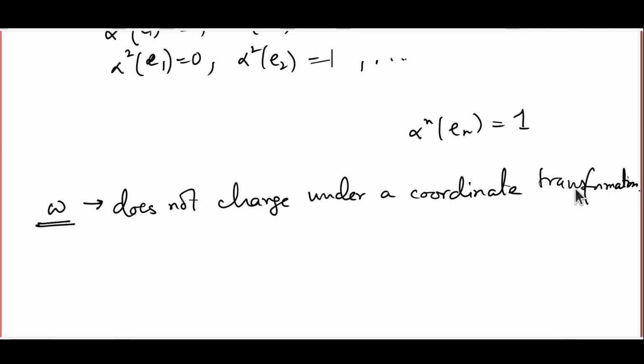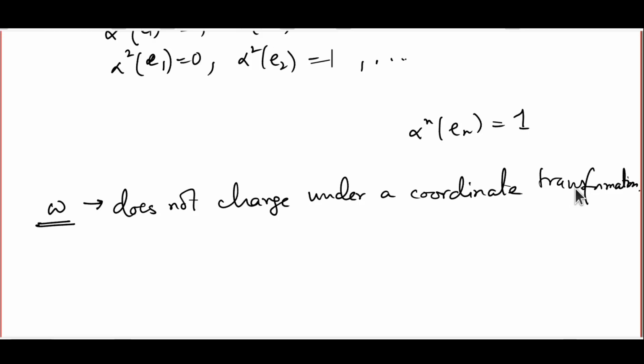Once again, let me remind you that although we have been talking about these kinds of objects, vectors, covectors, etc., in terms of how their components change when you change the coordinates, the objects themselves are independent of coordinates, they don't change. It's just the components with respect to some coordinate system which change.